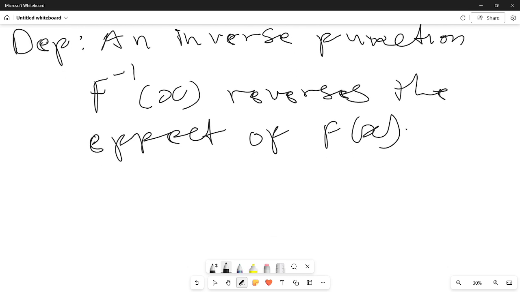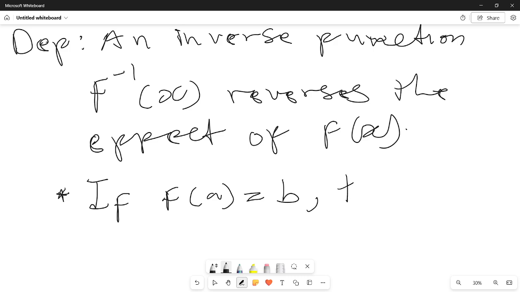It reverses the effect of f of x in such a way that if f of a is equal to b, then f inverse of b is equal to a.